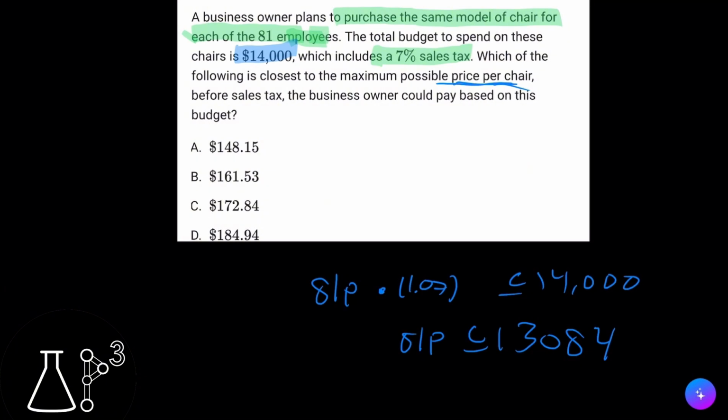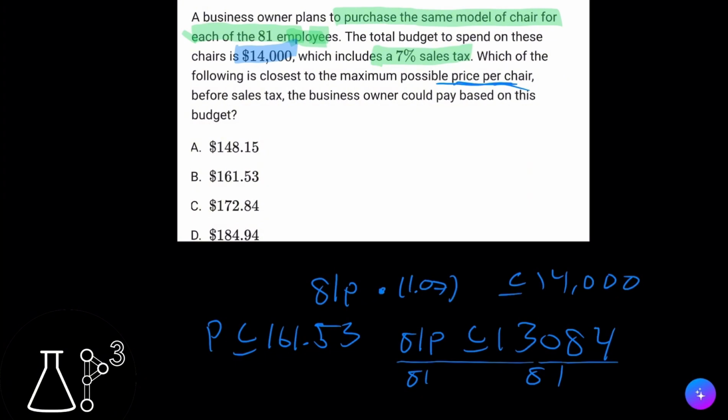If I divide 13,084 by 81, dividing by 81 on both sides, I'm going to get p is less than or equal to, if we round it up, 161.53. So the price per chair can be equal to or less than 161.53.